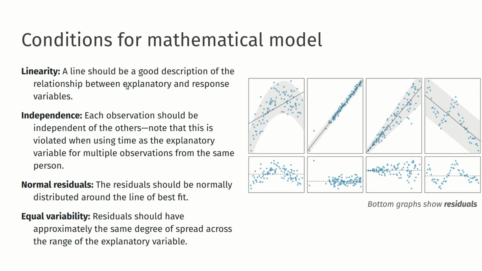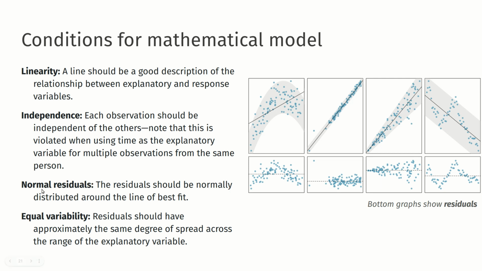It's not really meaningful. Second is our old friend, the independence condition, so each observation should be independent of the others. And note that this is actually violated when time is the explanatory variable if we're making multiple observations from the same person. That does violate this independence assumption, and it becomes questionable whether we can use a mathematical model for that kind of data.